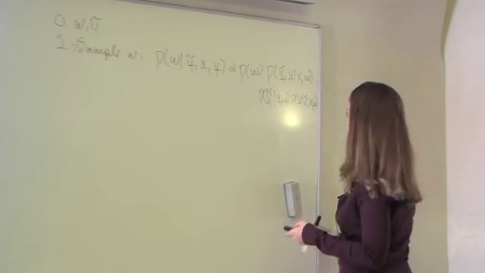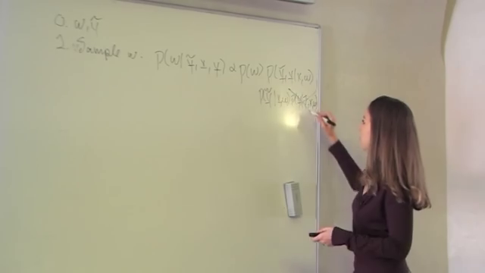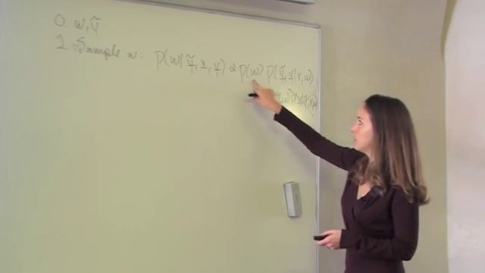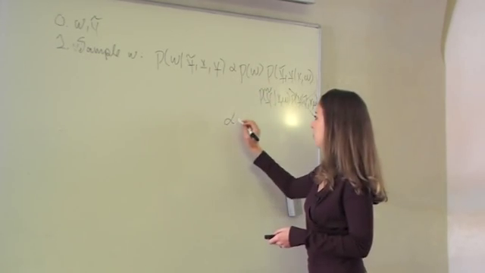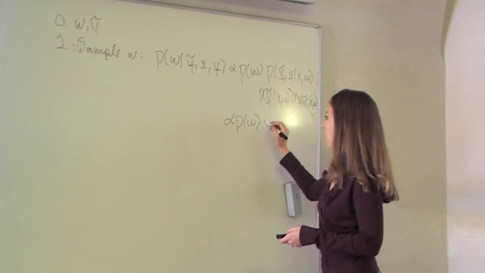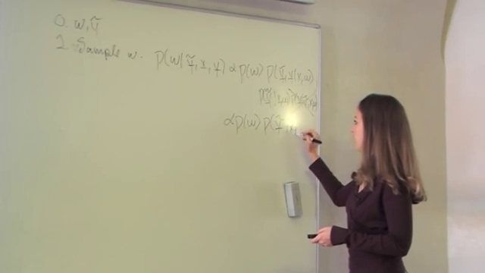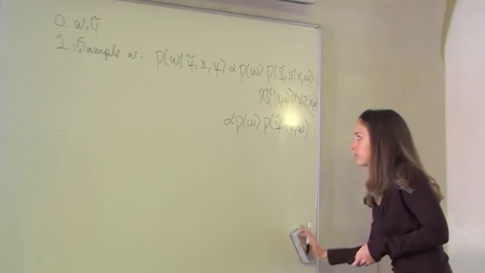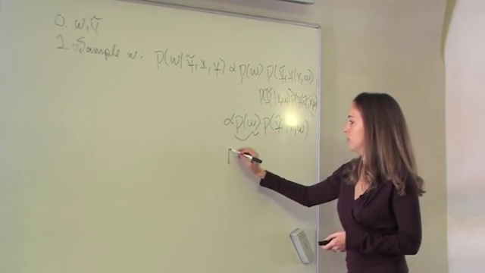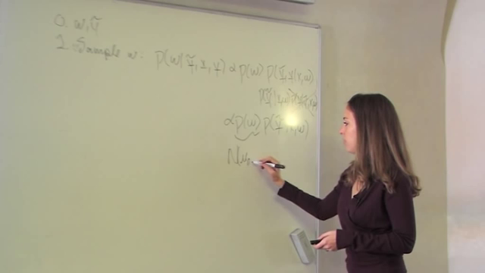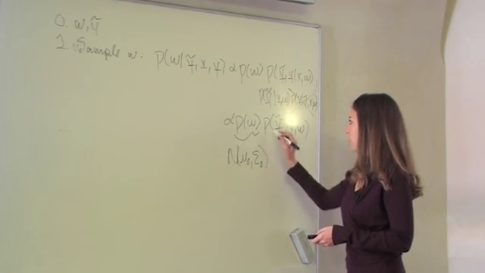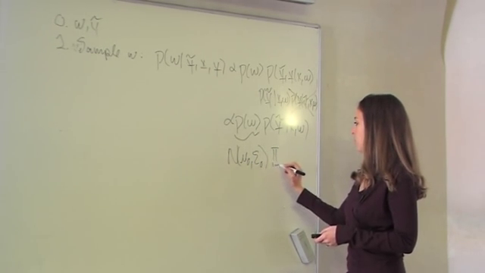So this term goes away, and then we just have that this is proportional to our prior on W and the likelihood of y tilde given x and W. So this is just a normal. This is our prior, and this is the product of normals with unit variance.